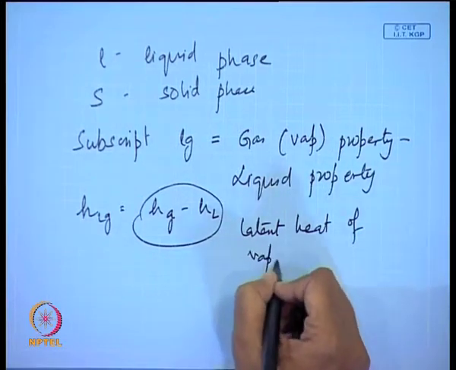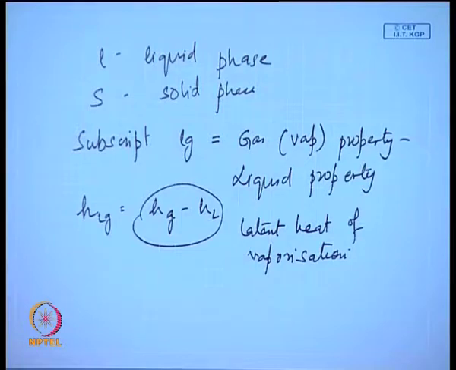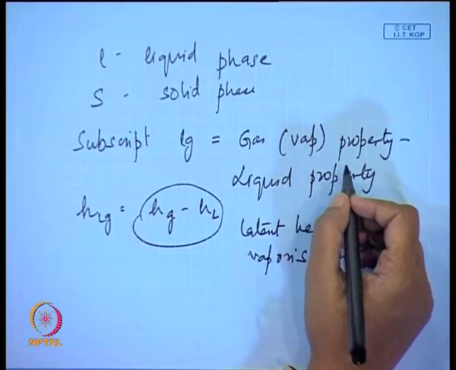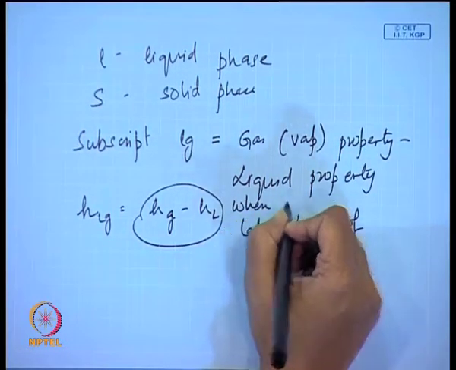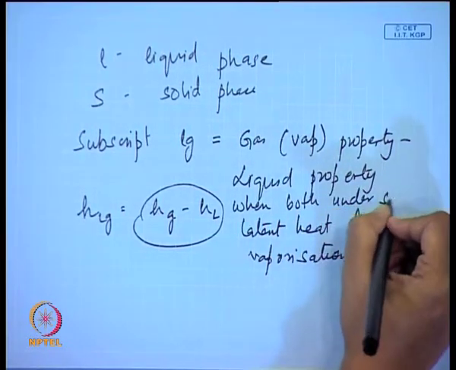So, accordingly, HL is the heat or the enthalpy content of the liquid phase, Hg is the enthalpy of the vapor phase, and HLG is the latent heat of vaporization, the difference between the vapor property and the liquid property when both are at the same temperature.